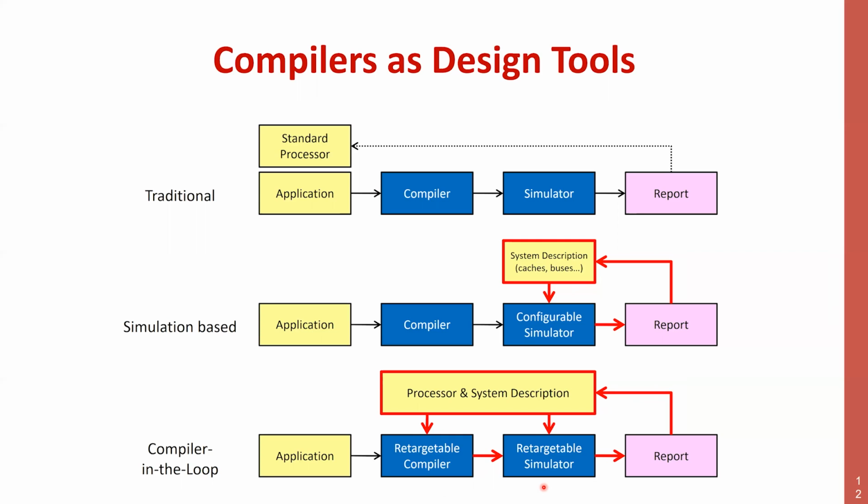And you use them in a loop, right? You decide to change the description, you generate a compiler and simulator, you compile the code, you simulate it, you get some information, and you change things, right? And again, this is something that you would like to have automated.